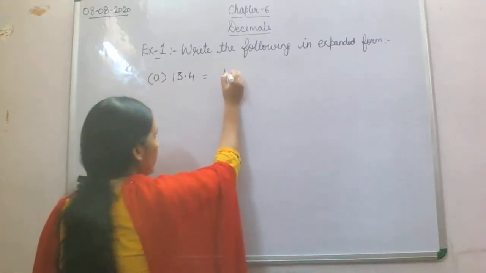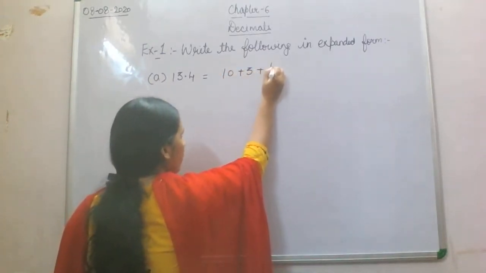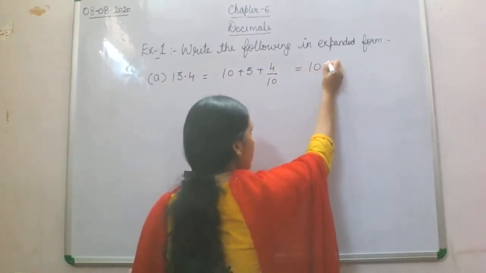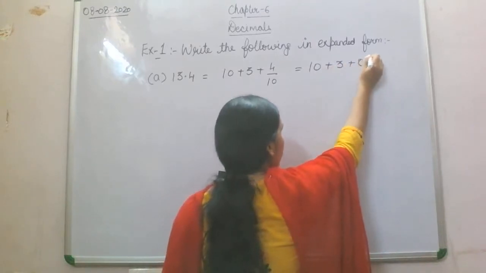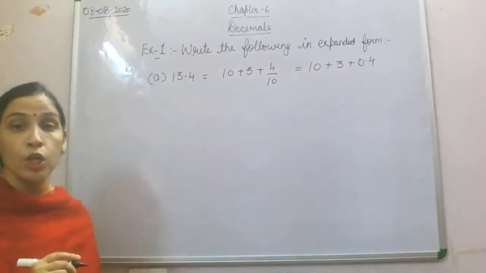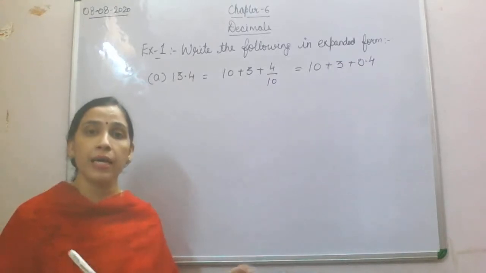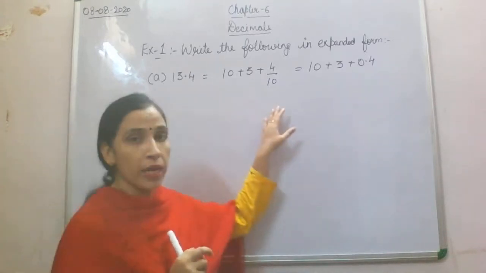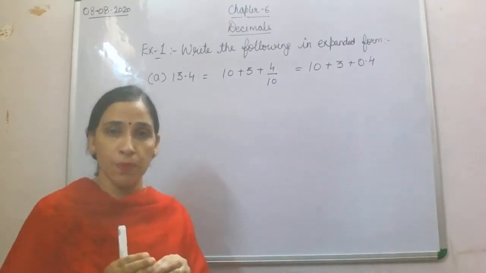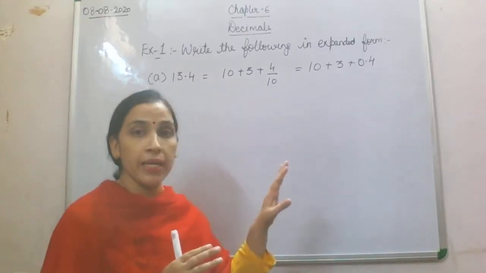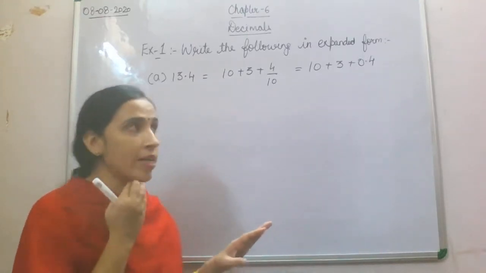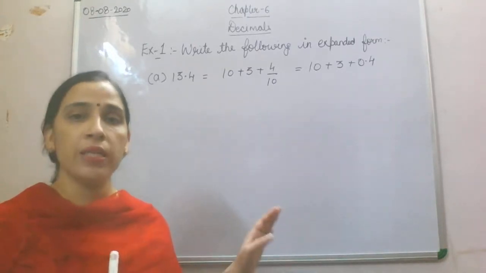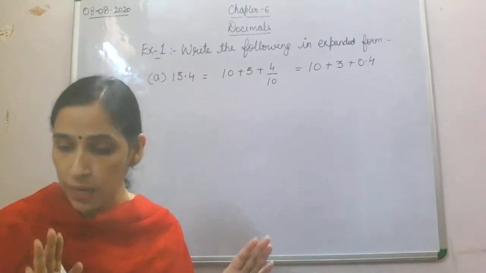You can write it in two ways: 10 plus 3, and this 4 divided by 10, or further 10 plus 3 and 0.4. So you are going to write the expanded notation of a decimal number in both ways. First you write its tenths place, that is 4 divided by 10. After that you write it in decimal form, that is 0.4. Like this you have to do the expanded notation of a decimal number.